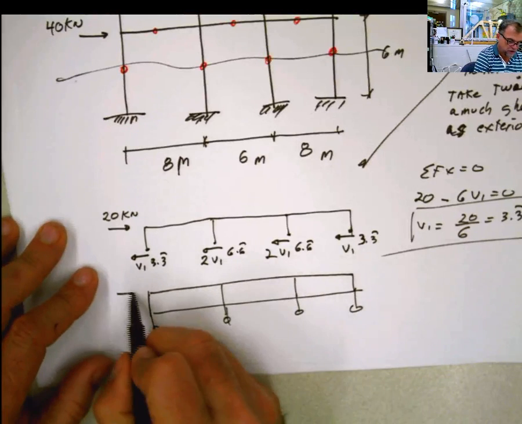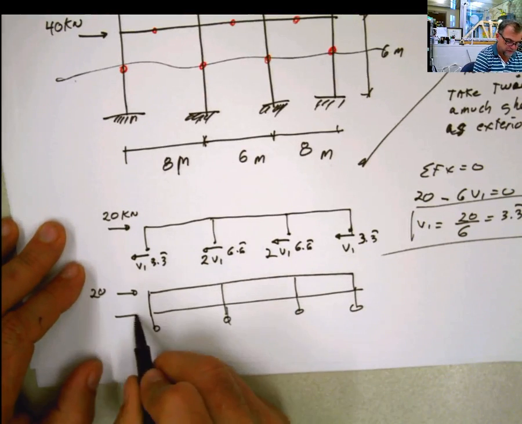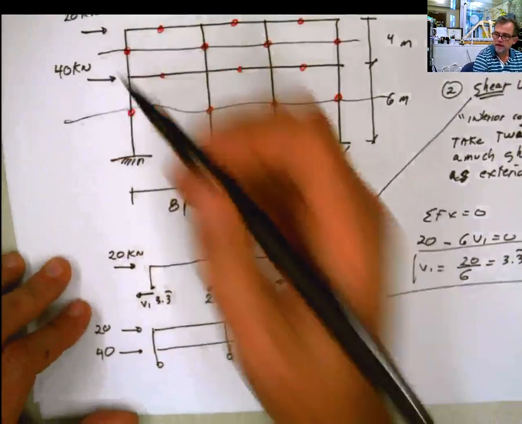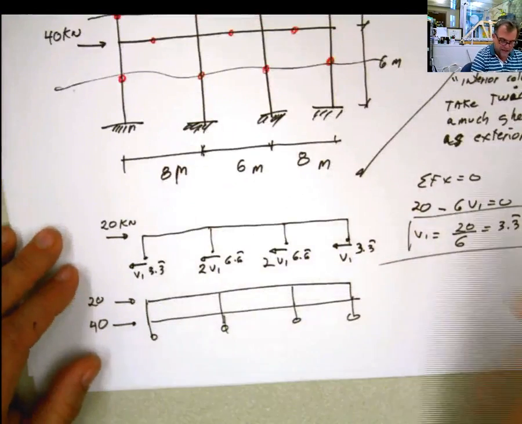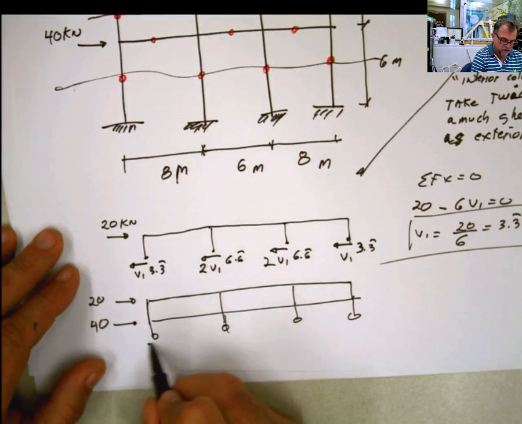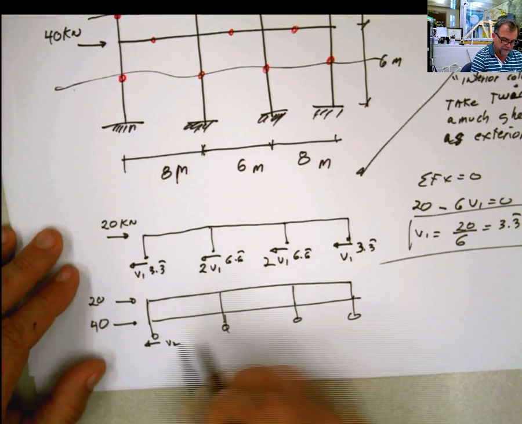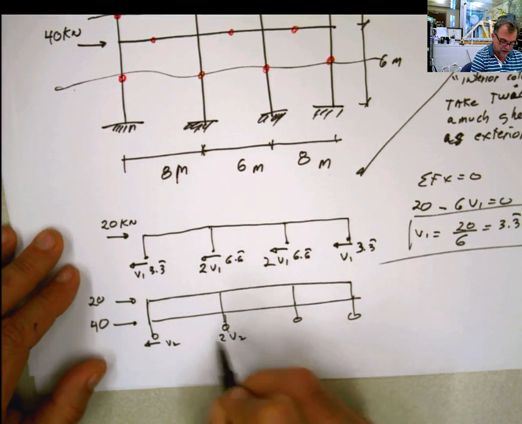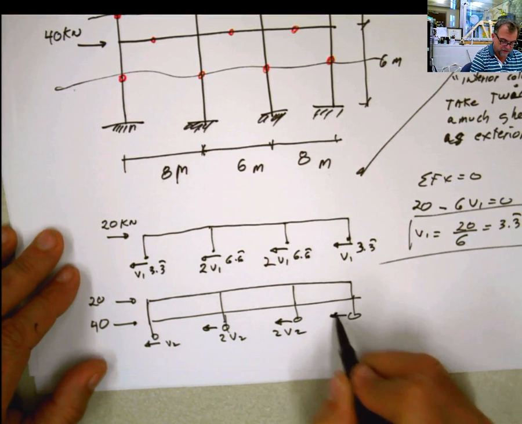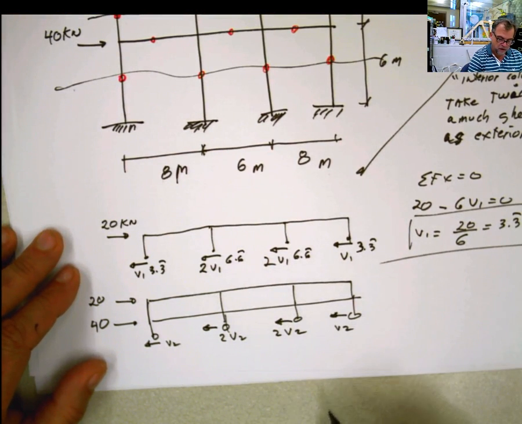So this is going to be 20 and this is going to be 40, because those are these two forces here, 20 and 40. And same assumptions: interior columns take twice as much as exterior columns, so this is going to be the shear at that level, this is going to be 2 times the shear at that level, this is going to be 2 times the shear, and this is going to be the shear. And we do the same thing.